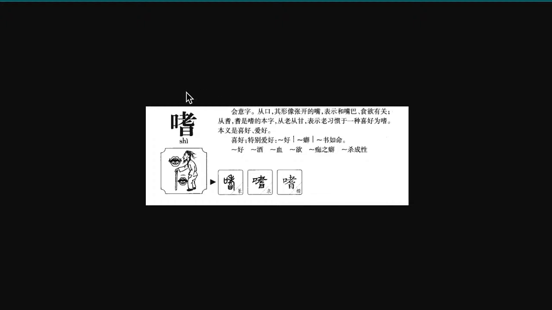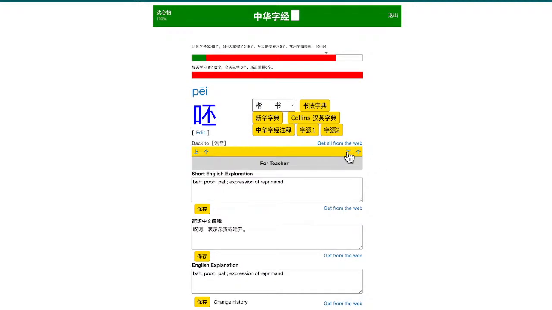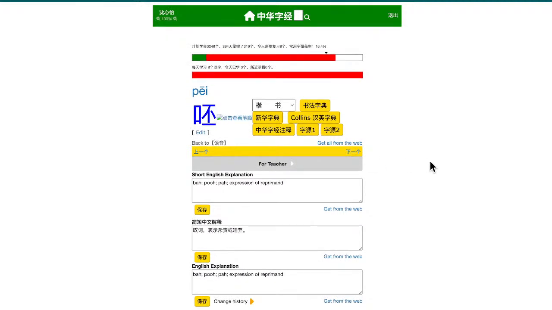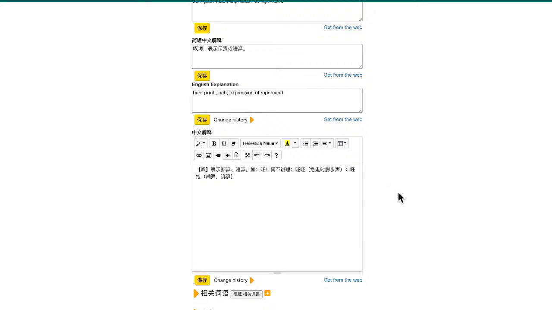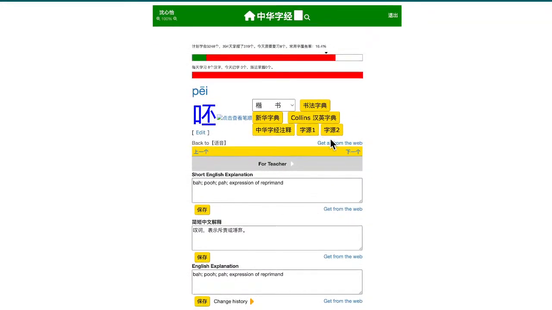So this is 嗜. Next one, 呸. Pei is an expression of reprimand, like 呸真不要脸, 呸真不讲理. The right hand side 丕 is an onomatopoeia describing a sound like a bang, a crack, a clapping sound.